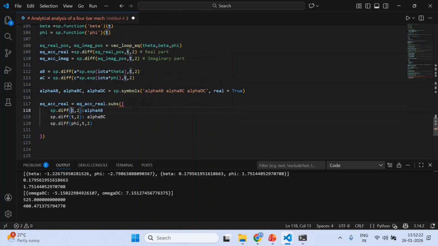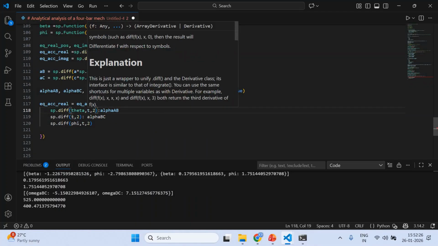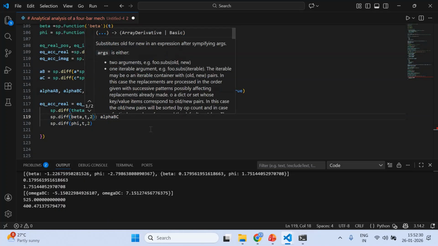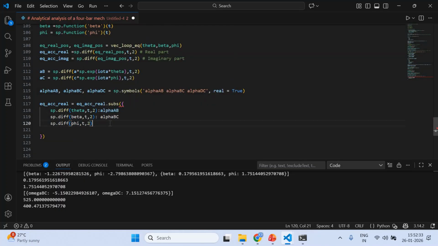Right, so here we have theta, and here we have beta, and here we have phi, and this will be replaced with alpha DC.